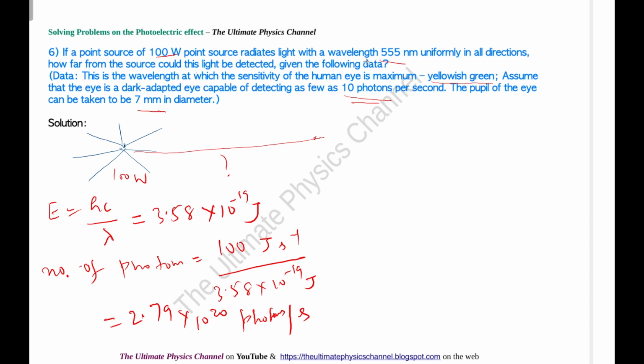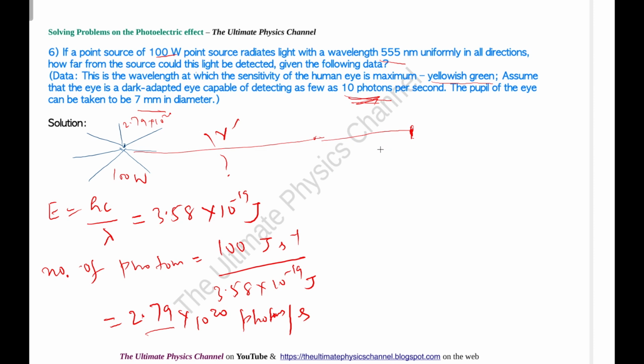Right. Now the question is, for what distance? Let's call the distance r. So for what r would this number go from 2.79 into 10 power 20, which is at the source, to a distance where the number of photons that reach the eye would be only 10 photons, because that is the minimum detecting capability of a dark adapted eye.